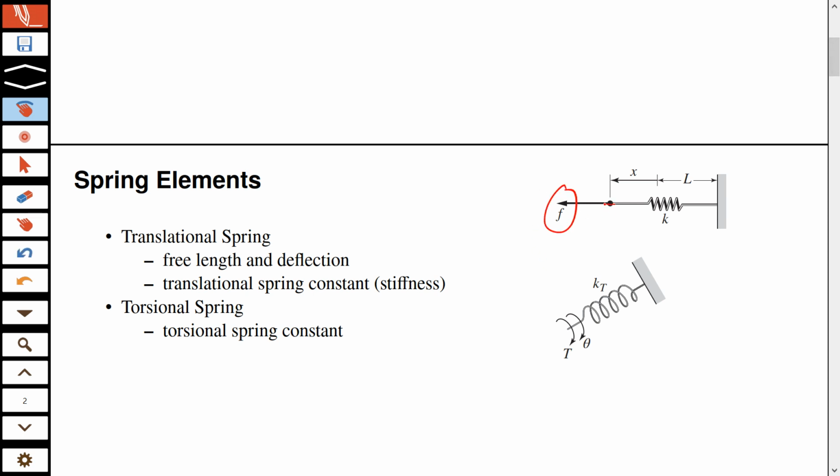When the load is translational or normal load, tensile, आपको नाम याद होंगे ना, टेंसाइल और कंप्रेसिव, दोनों को हम नॉर्मल लोड कहते हैं, तो हम ट्रांसलेशनल स्प्रिंग की बात करते हैं. And when we have a torque as a twisting, तो उसको हम फिर रोटेशनल कहेंगे ना.